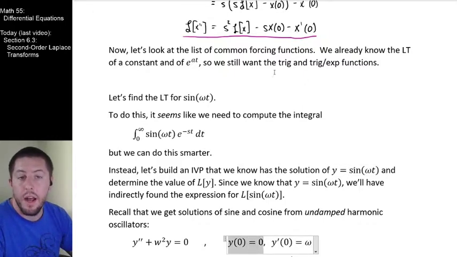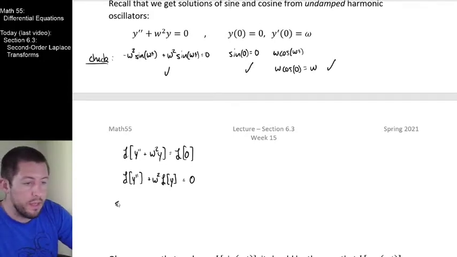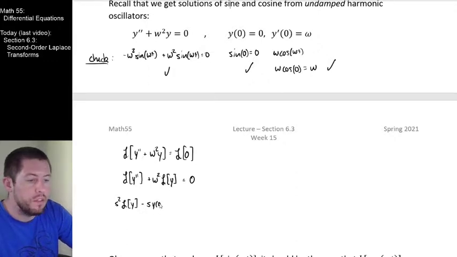Minus the derivative of the function evaluated at 0, which we know is going to be omega right there. So we've got that this is going to be s squared Laplace of y minus s times y of 0 minus y prime of 0 plus omega squared Laplace of y should be equal to 0.